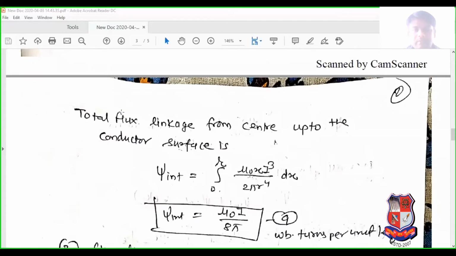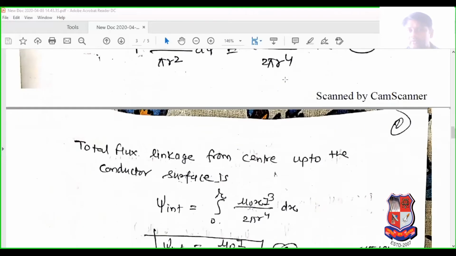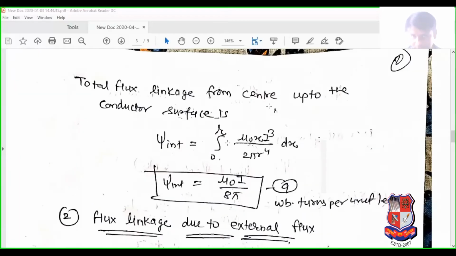So finally, we will calculate the total flux from the center up to the conductor surface, right? So internal flux from center to the conductor surface. So total distance is radius r into d psi. What is the value of d psi? Mu 0 into I x cube upon 2 pi r4 into dx. After you separate out the common parts, the constant parts, then it will integrate.